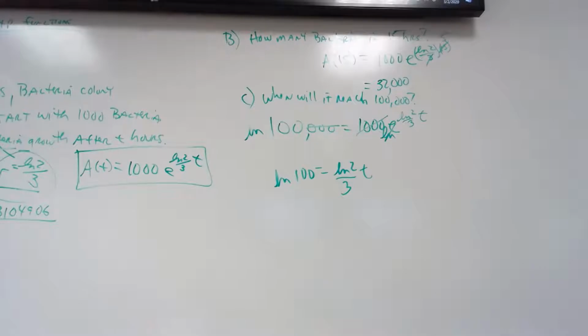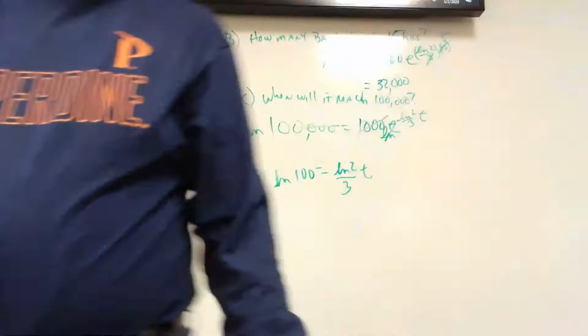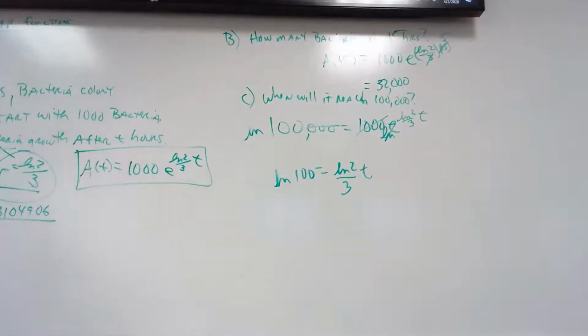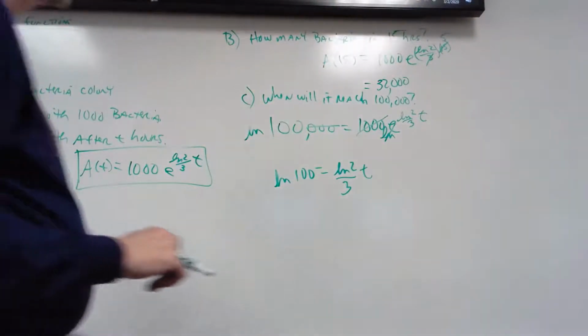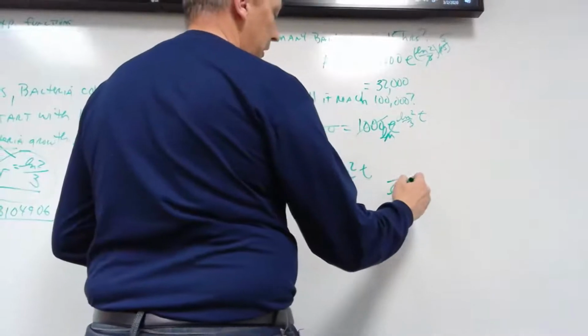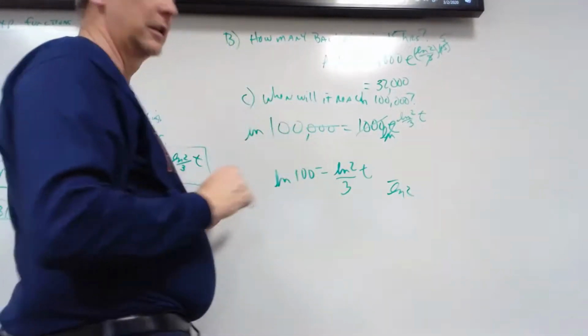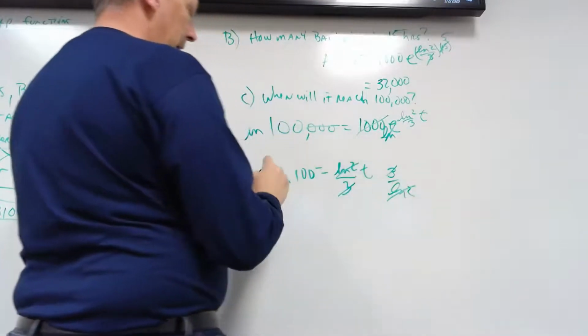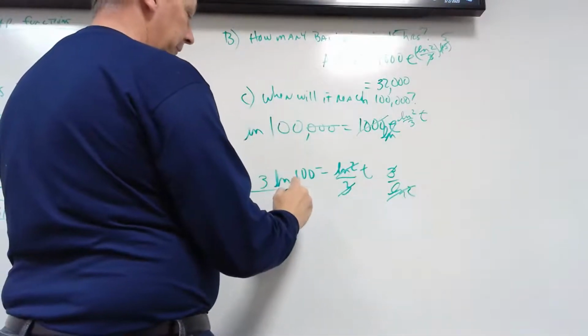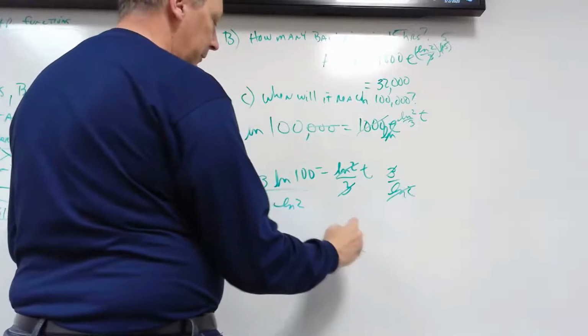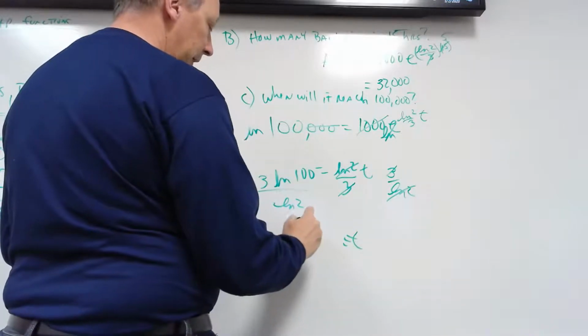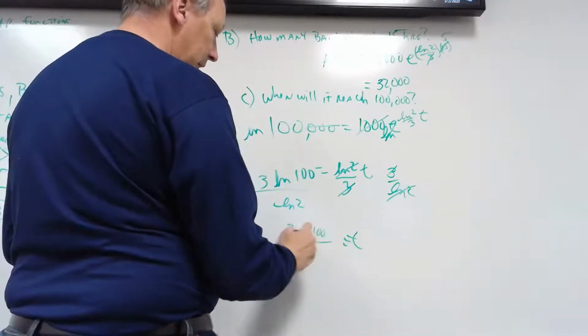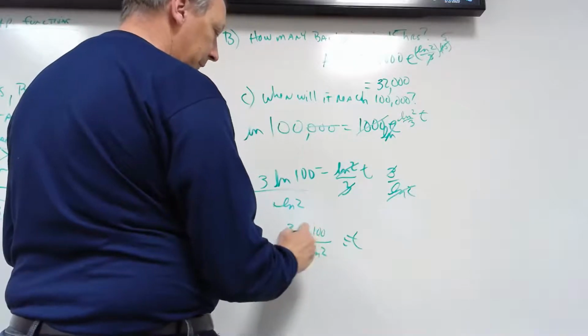The ln of 100 equals the ln of 2 over 3 times t. How do we solve for t? Divide by ln of 2 and multiply by 3, so those will cancel, right? And then I've got a 3 and an ln of 2. So your time equals 3 times the ln of 100 all over the ln of 2.